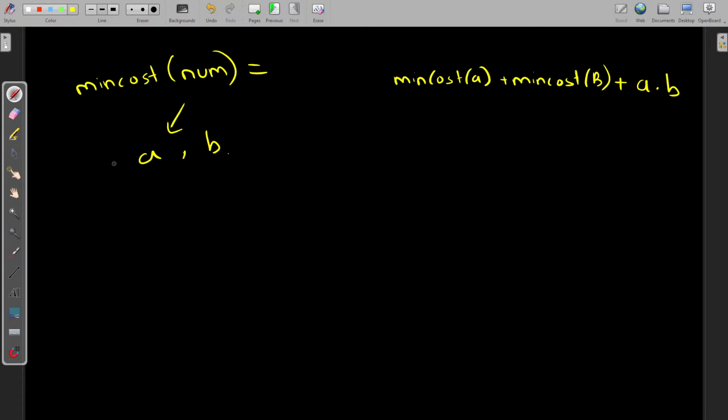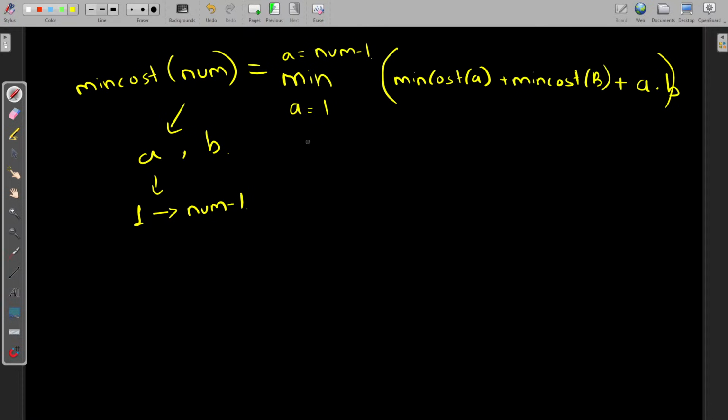Now what are the possible values of A comma B? A can go from 1 to num minus 1, right? So minimum of this expression for A equal to 1 to A equal to num minus 1.